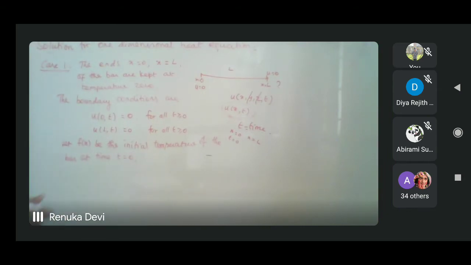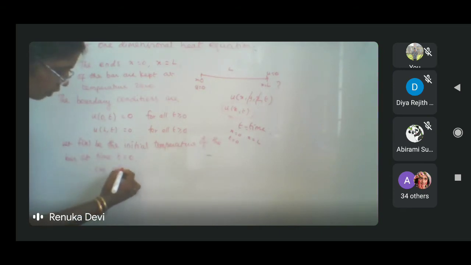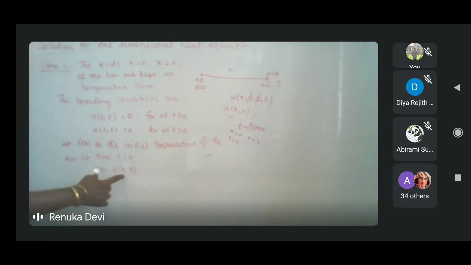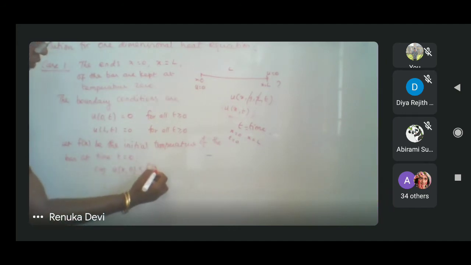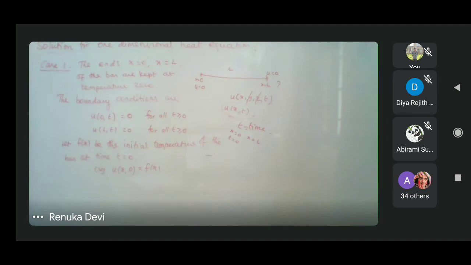What is the meaning? It is u of x comma 0, isn't it? In u of x comma t, instead of t it is 0. This is denoted by f of x. So these three are the boundary conditions.